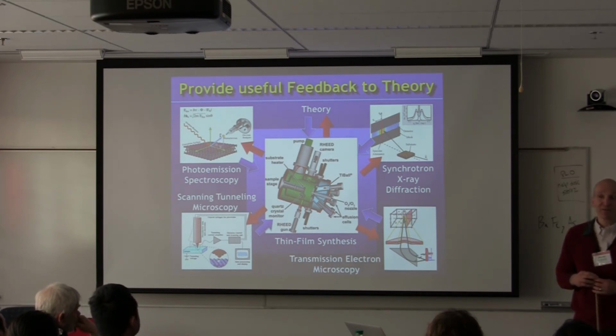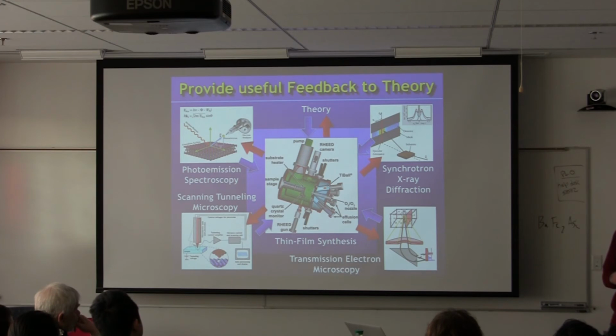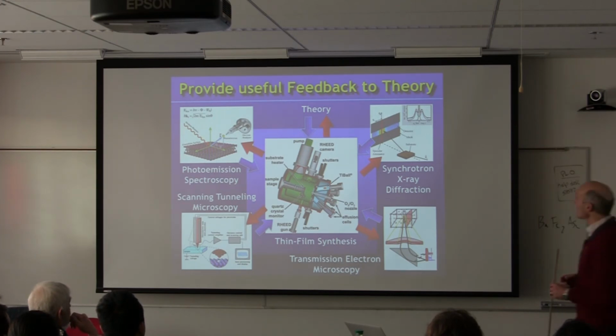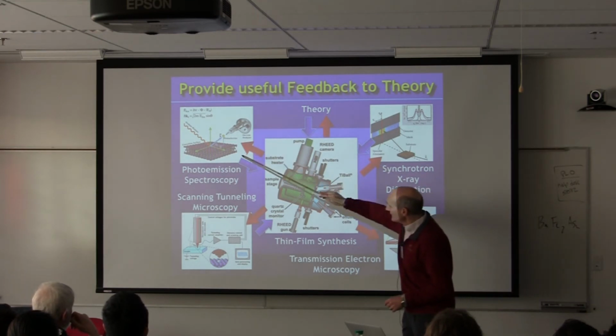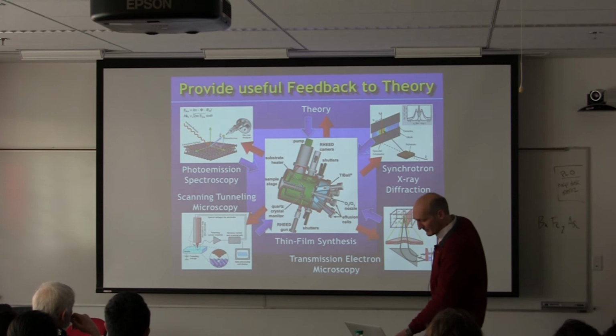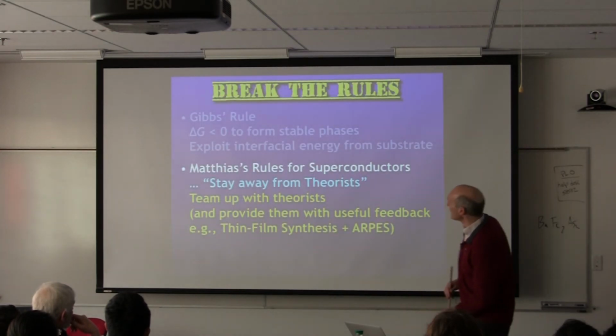And it can be very useful to provide theorists with what the electronic structure looks like from experiment. So being able to provide particularly the electronic structure from a technique like ARPES is a great thing to do.